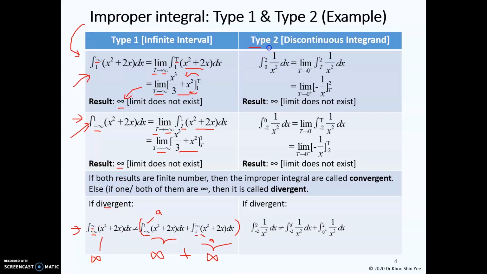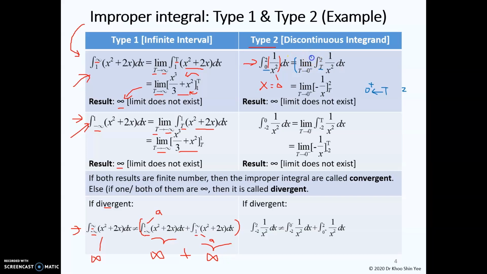Let's solve the second type of improper integral. In this case, you can see that the function here is undefined when x is equal to 0, and the lower limit happens to be 0. So you need to replace the lower limit with the variable t, so you have t to 2, and t is approaching 0 from the right hand side.